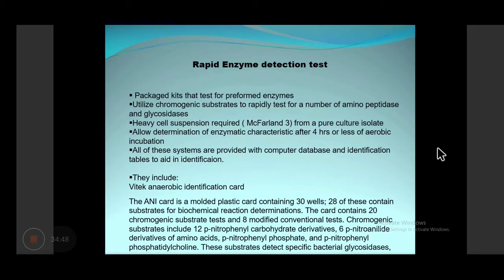The detection methods are provided on a computer database system, and identification tables make identification easy. Data are saved and can be transported or generated online to the patient. So this is a rapid technique, and without any delay we can have the report.